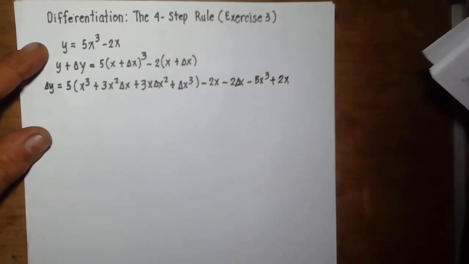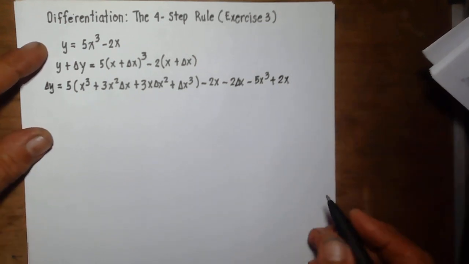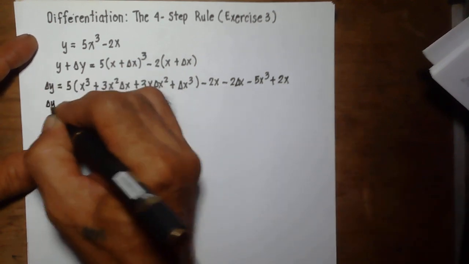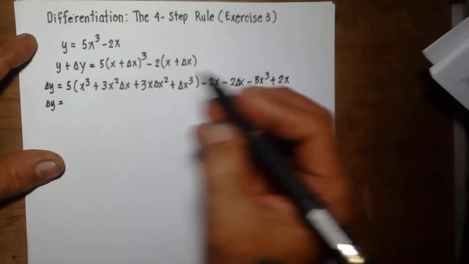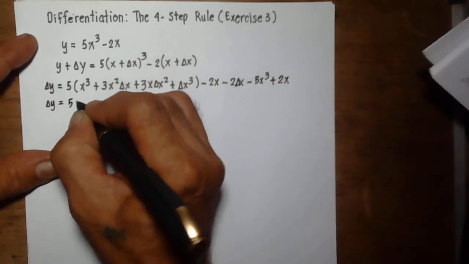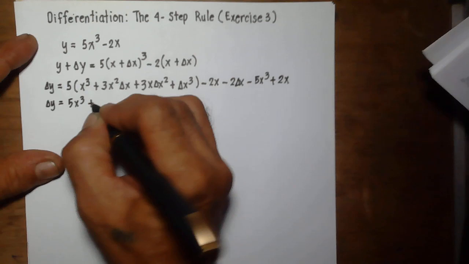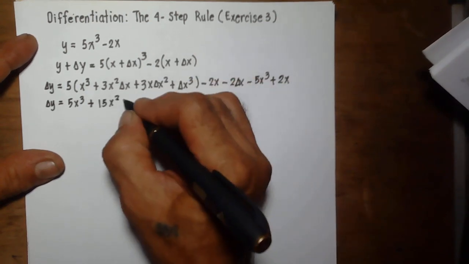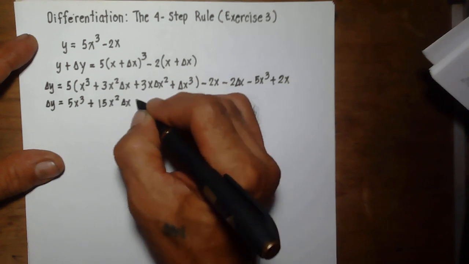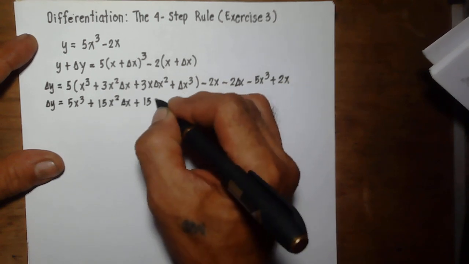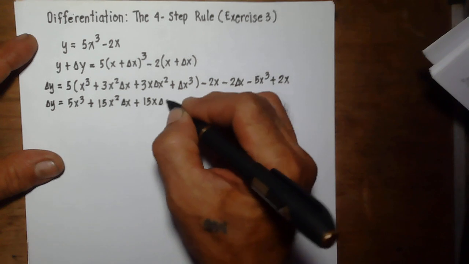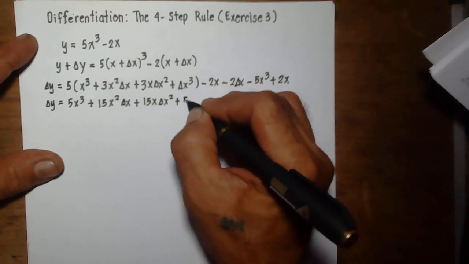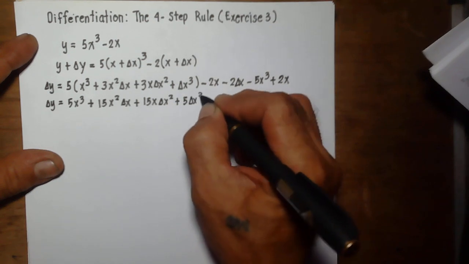Now we continue. By distribution property of multiplication, we have here 5x cubed plus 15x squared delta x plus 15x delta x squared plus 5 delta x cubed.